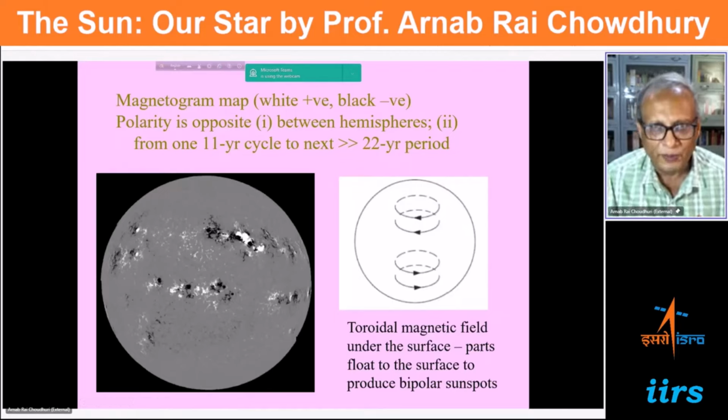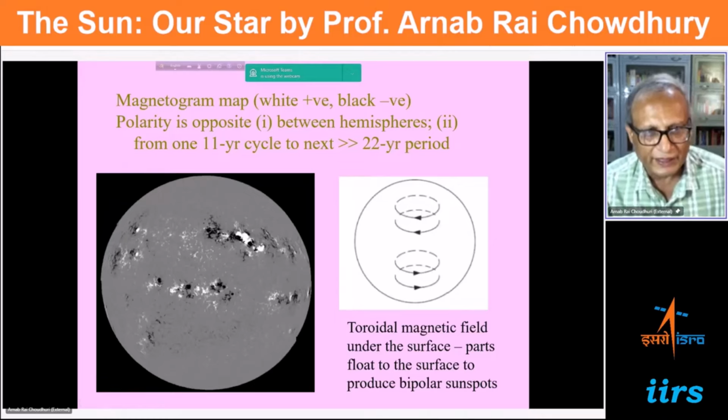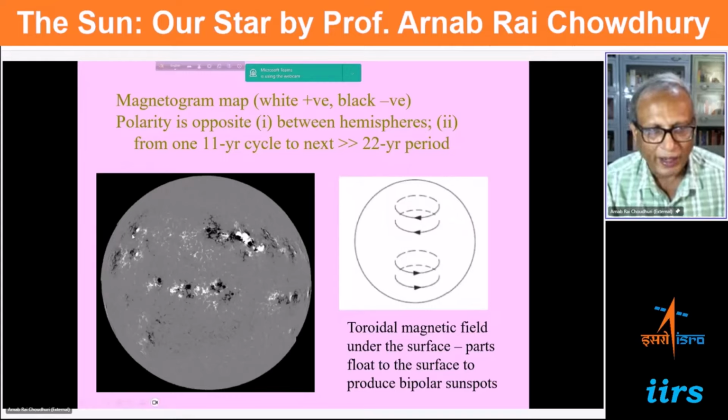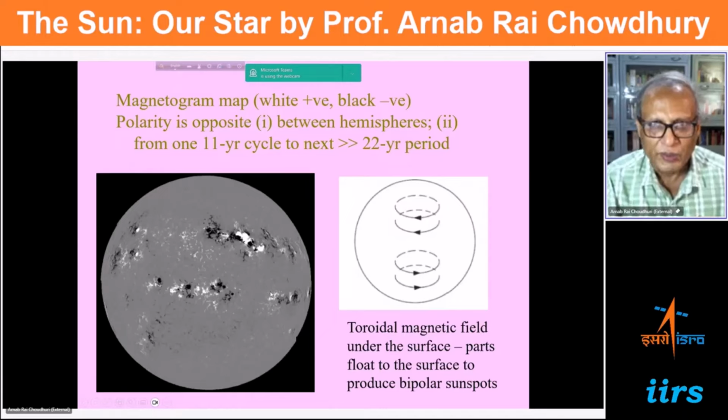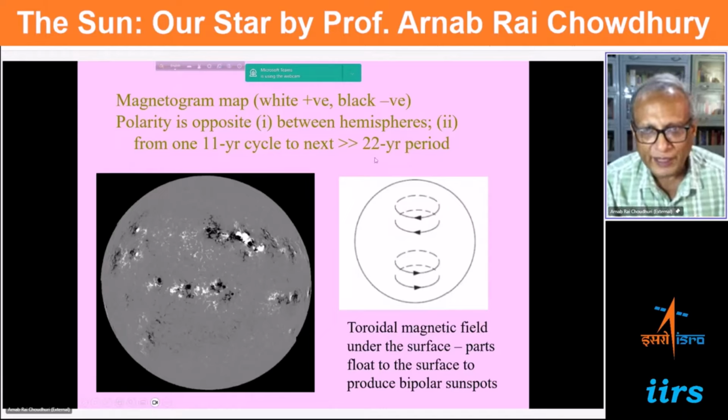If you were to produce a magnetogram map 11 years later, then we'll find that in the northern hemisphere, black has come to the right and white has gone to the left. And in the southern hemisphere also a similar reversal. So you actually have to wait for 22 years if you want the magnetic field to come back to its original configuration.